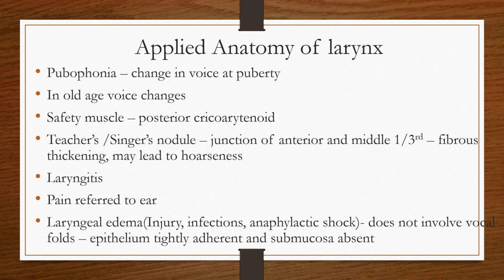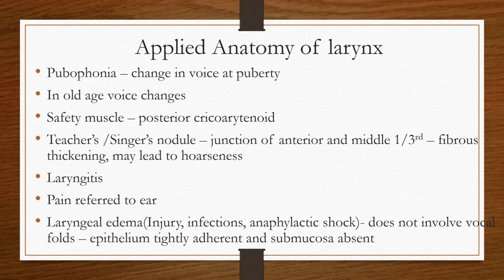Now applied anatomy. Puberphonia, as we know, is a change in voice at puberty. Also in old age, due to the changes in the larynx, the voice changes. The safety muscle is the posterior cricoarytenoid. Due to excessive use of the voice, there may be a nodule on the vocal folds, called teacher's nodule or singer's nodule.